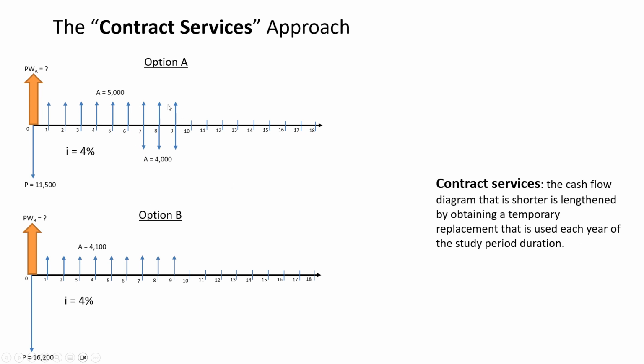And what this cash flow diagram is showing is if you spend $4,000 a year to take out a contract and have the equipment available on a lease basis, then you could continue to have the revenue each year that's associated with operating that equipment. So now the 2 cash flow diagrams have the same 9-year duration. So a similar item is being leased and you're extending the short cash flow diagram. So remember, LCM was repeat them until they terminated in the same year. Contract services is take the short option and make it longer.